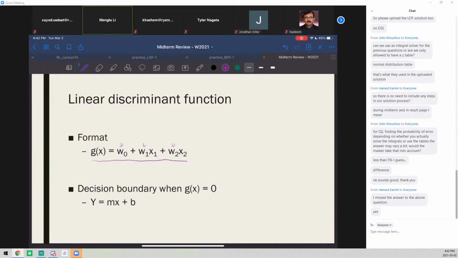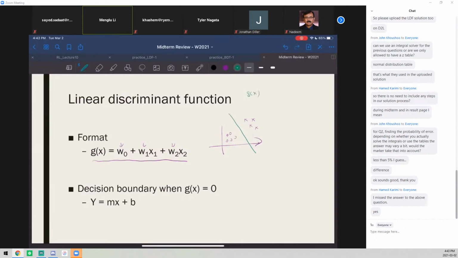For example, there are points like this, and we want to find a linear line to classify these two parts of data. We have a G function, and we plug in the data of one class into the G function, and the value is larger than 0.